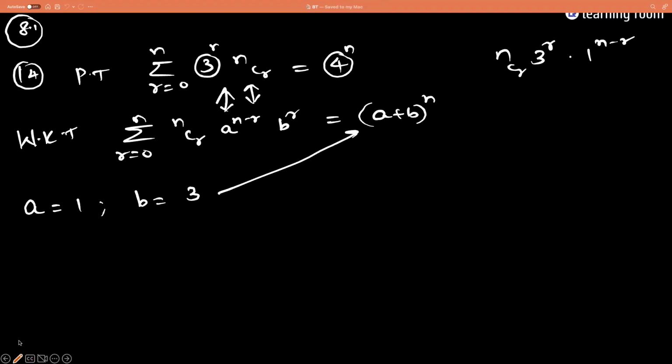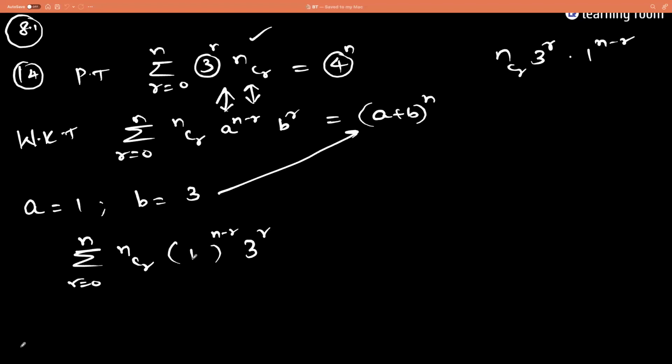Sir, how is a equal to 1? Let's see. Sigma r equals 0 to n, nCr into something is missing here, into 3 power r. If you observe the general pattern, something power n minus r will be there, something power r will be there. Correct? Yes, sir. What is missing in the question? Is it not 1?